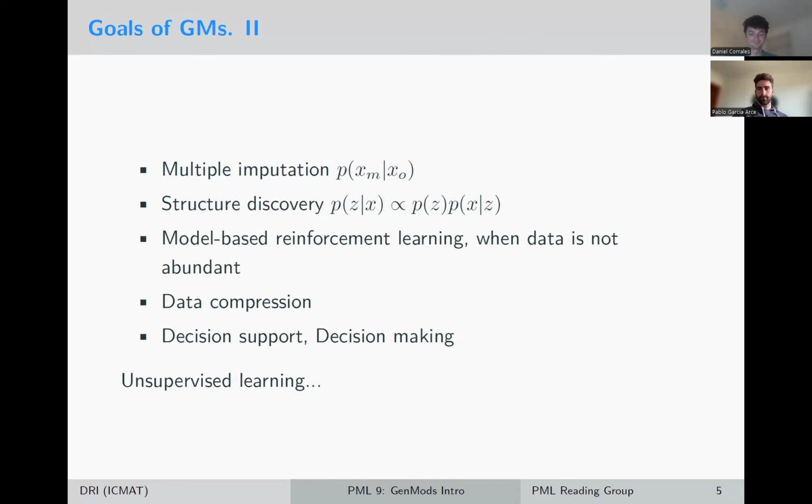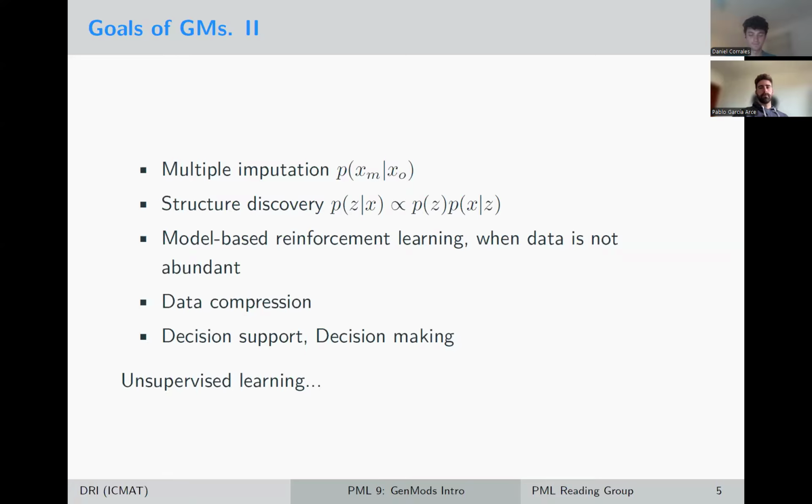Model-based reinforcement learning, in many applications data is not that abundant, and you use a model to generate the data, to simulate the reactions of the system that you want to control. Data compression is also important. The latents could be a smaller dimension than X, and that would be a way to compress data.